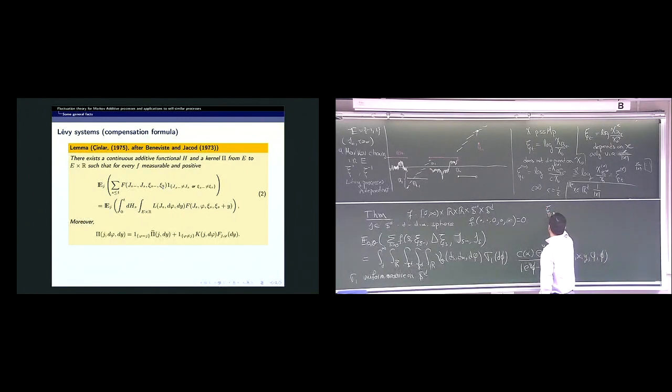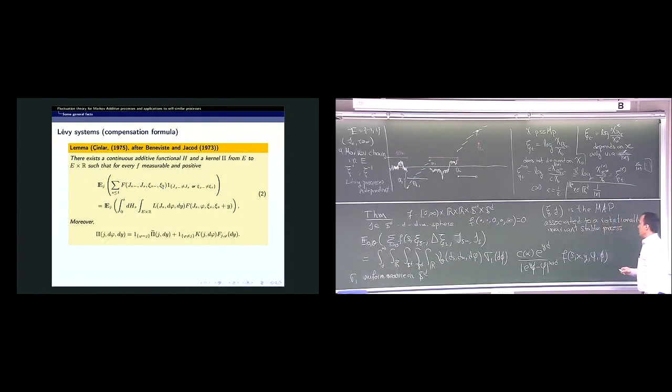And psi and J is the map associated to a rotationally invariant stable process.